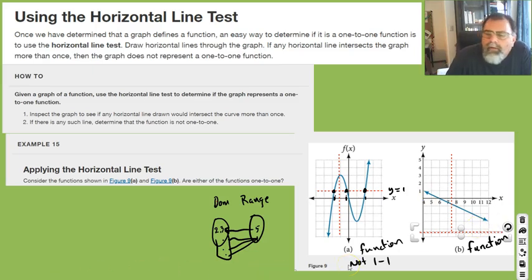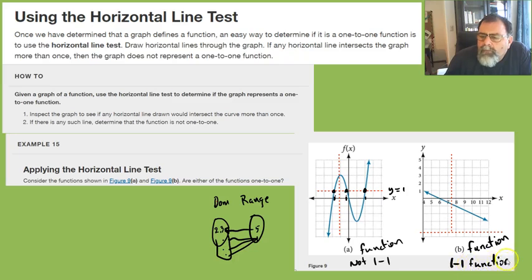So yes, that one is a one-to-one function. So B is a one-to-one function. So not only is it a function, it's a one-to-one function. Okay, so you have to test first to see if it's a function, then you do the horizontal line test to see if it's one-to-one.